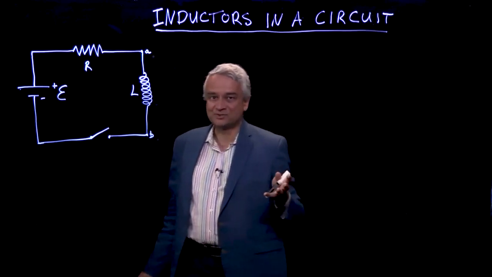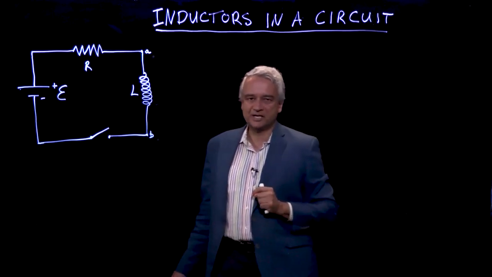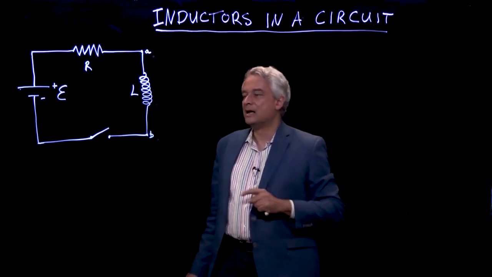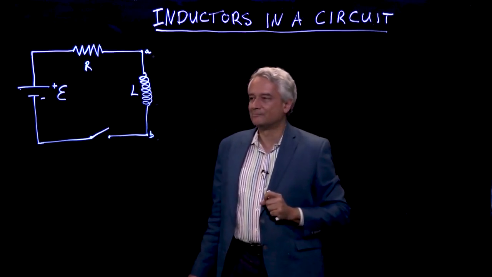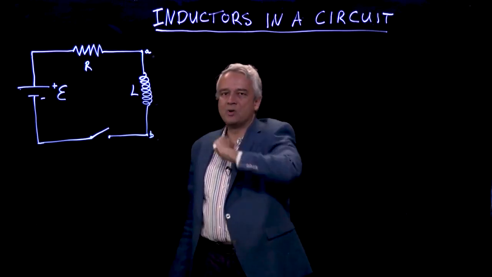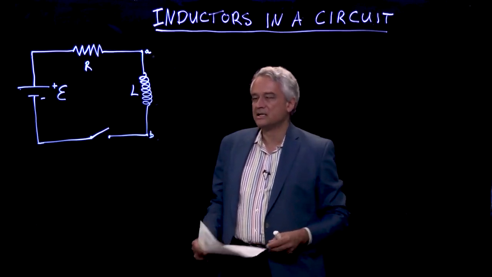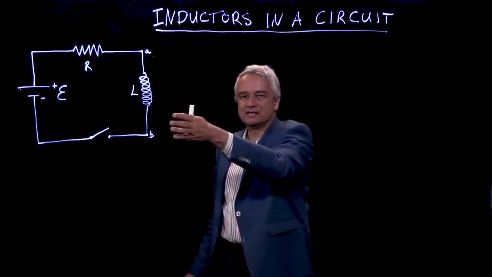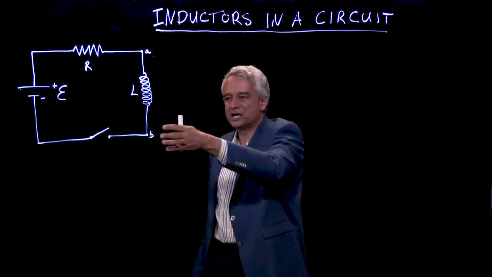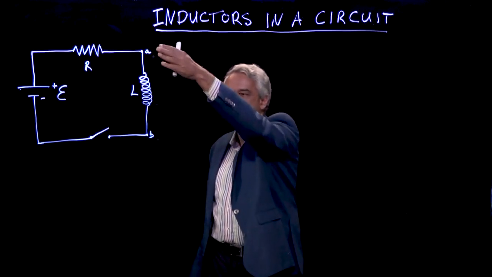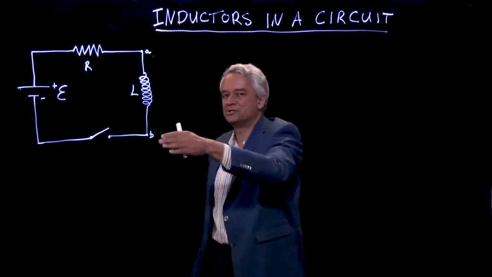We don't have a capacitor in this circuit, but if we did and we walked past the capacitor, the potential would change by Q over C. When we walk past this inductor, what should go in that equation will be d phi dt, the change in the magnetic flux in the inductor. If the current is steady, the magnetic flux is constant, unchanging, no electromotive force. But if the current is changing, the flux is changing, there's a d phi dt. That's what should go in that equation.